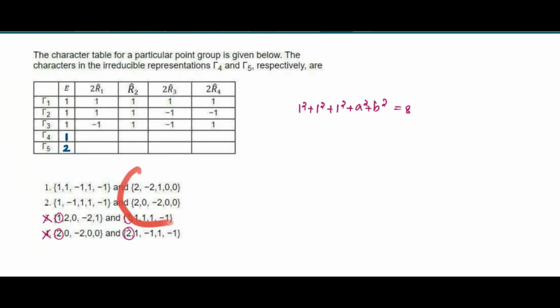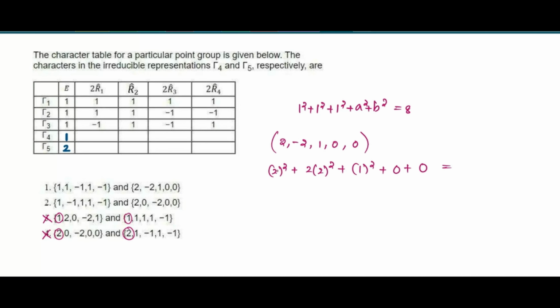Catch this one and then do it. How do you do it? Take option A. Option A, let's say it is 2, minus 2, 1, 0, 0. You square and add, and you should get the order. 2 square, and don't forget this 2, so 2 into 2 square plus 1 square plus, whatever you multiply, it doesn't matter, you are going to get 0 because of the 0.